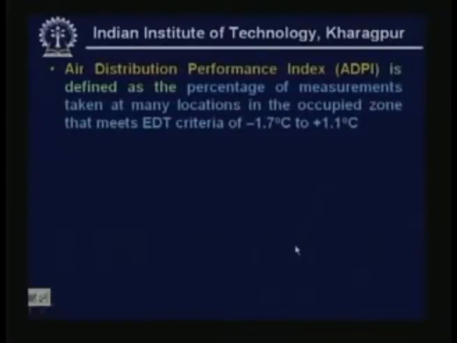Air distribution performance index or short form ADPI is defined as the percentage of measurements taken at many locations in the occupied zone that meets EDT criteria of minus 1.7 degrees centigrade to plus 1.1 degree centigrade. That means, let us say that in an air conditioned building in the occupied zone you take 100 measurements at various points, and out of the 100 measurements 80 measurements fall within the EDT range of minus 1.7 degree centigrade to plus 1.1 degree centigrade.